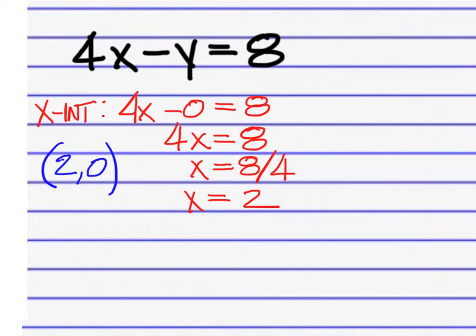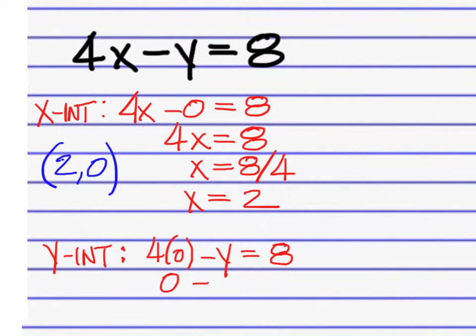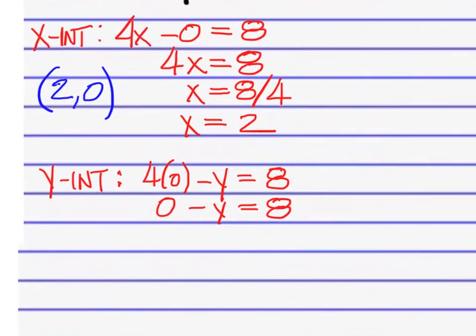There is your point where the line crosses the x-axis on your graph. And then go back and find the y-intercept. What variable do I put a 0 into to find the y-intercept? X. So 4 times 0 minus y equals 8. 4 times 0 is 0. 0 minus y is just negative y.